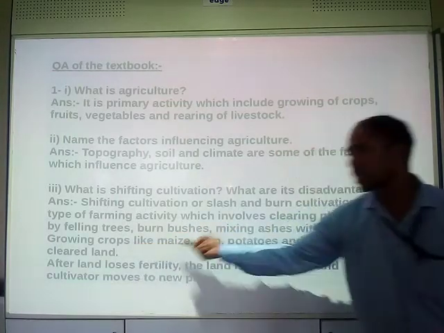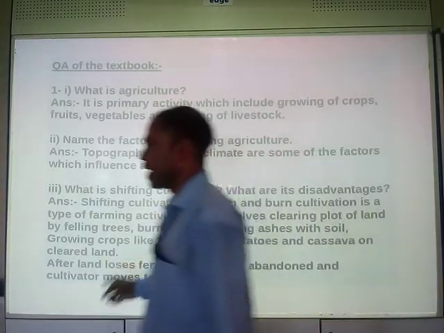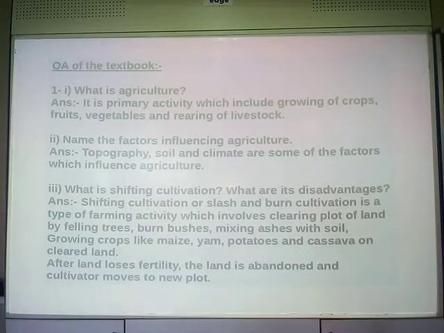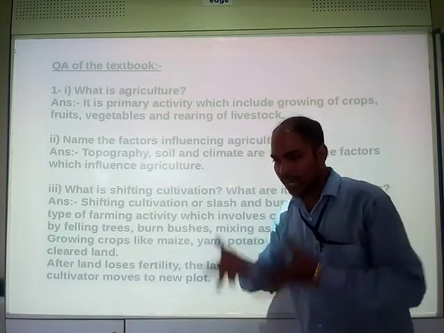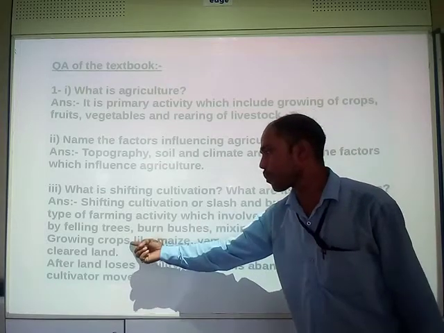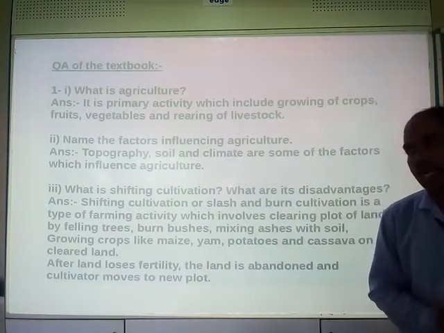crops like maize, yam, potatoes and cassava are grown on the cleared land. Okay, so these are some of the types of crops that are basically grown, like yam, maize, potato, cassava. Okay, and after some time, when the land's fertility is taken by crops, the land automatically loses its fertility.